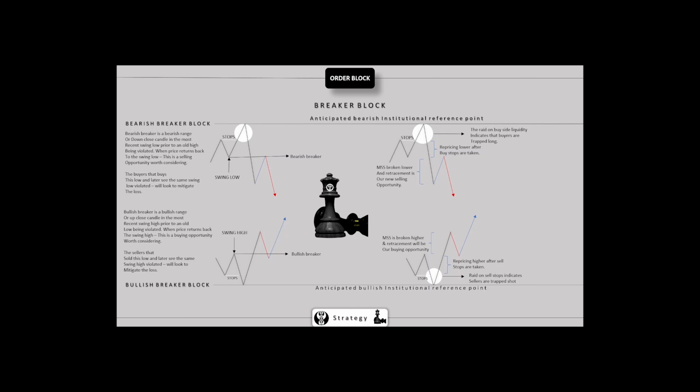We have the anticipated bearish institutional reference point, which is also the resistance level, and we have the anticipated bullish institutional reference point, which is also called the support level. Okay guys, I will leave it here for the illustration.